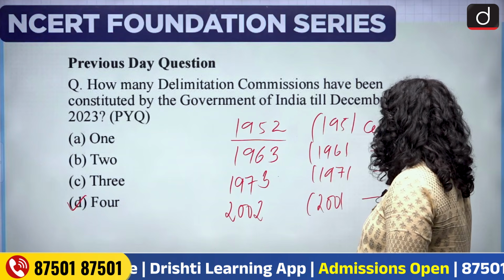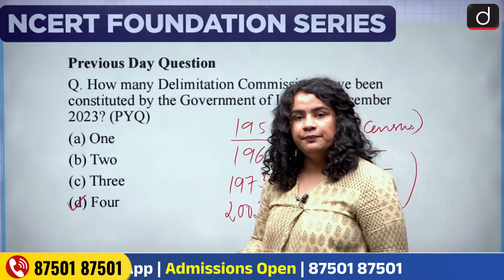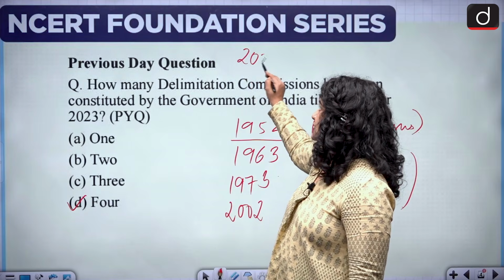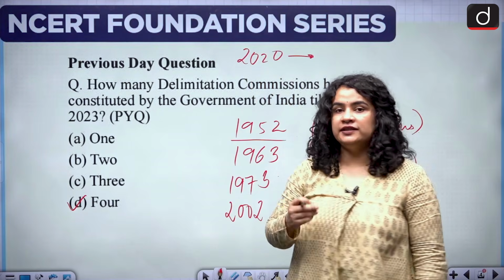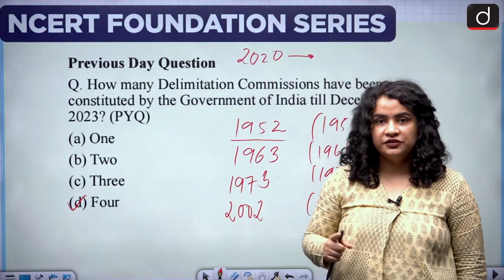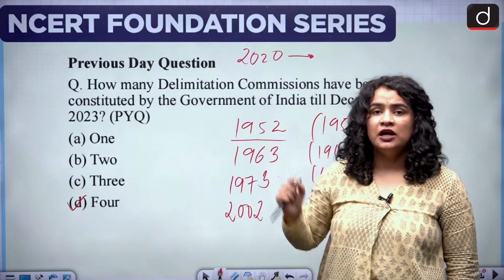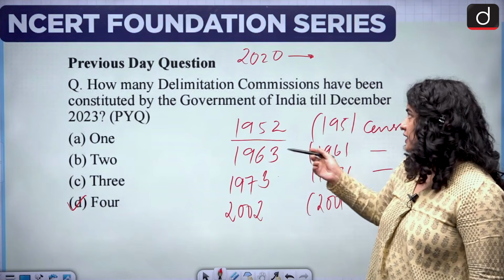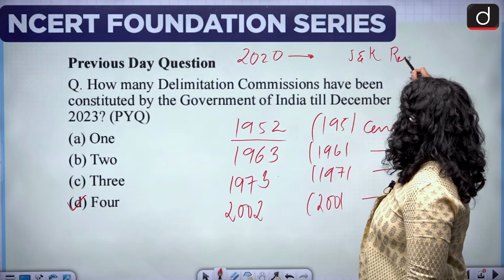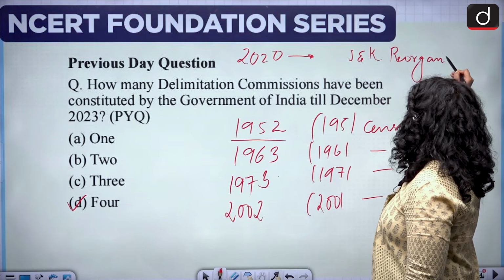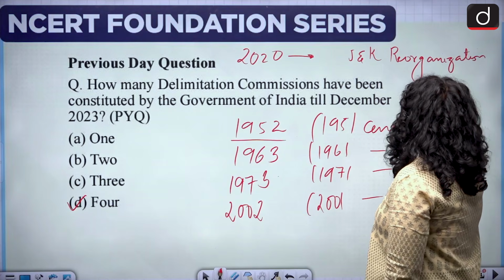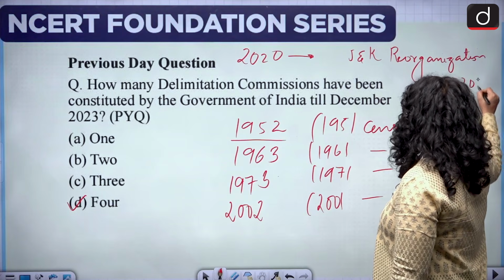Now it is important to note that a separate delimitation commission was also set up in 2020 for the Union Territory of Jammu and Kashmir after the changes in Article 370, and this commission was set up under the J&K Reorganization Act of 2019.